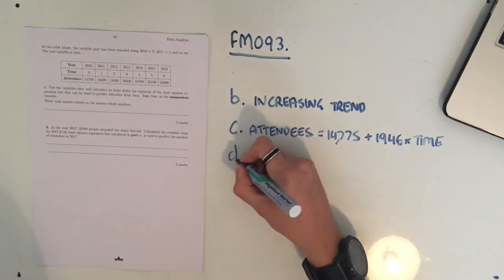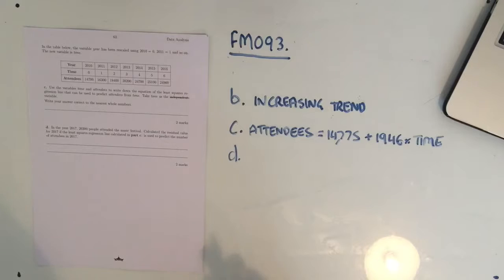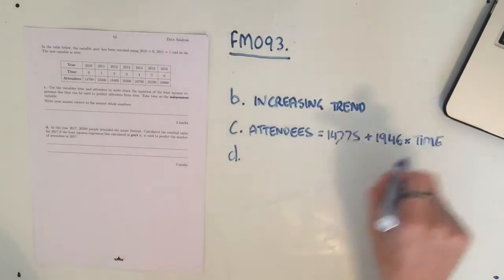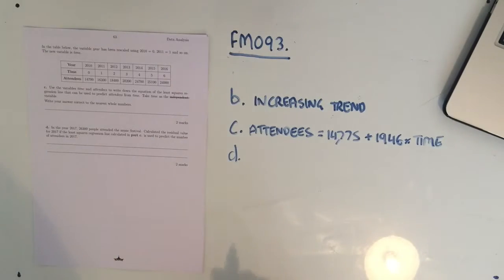Question D. In the year 2017, 26,300 people attended the music festival. Calculate the residual value for 2017 if the least squares regression line calculated in part C is used to predict the number of attendees in 2017. We know that 26,300 people actually came.